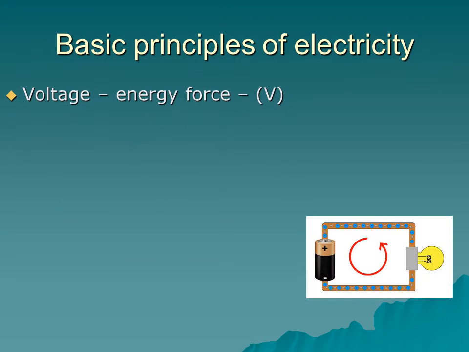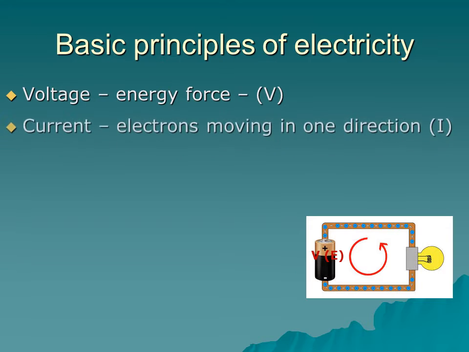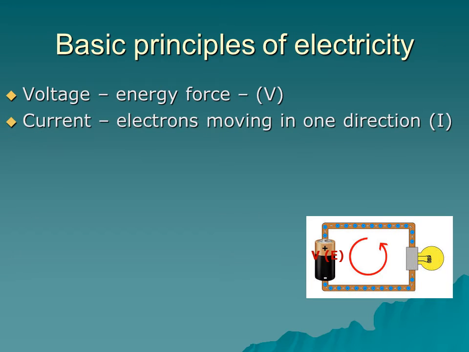First of all, we need an energy force to produce a voltage, which is measured in V, volts. And when there is a closed circuit, current can flow. That is, electrons moving in one direction through a conductor, and it is measured in amps, indicated by I.